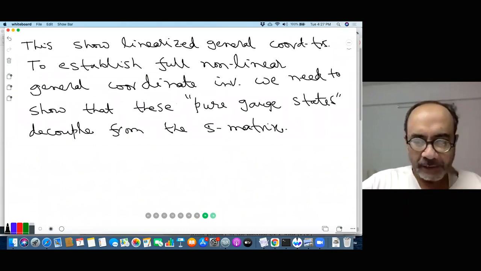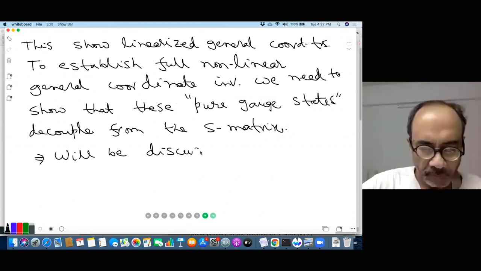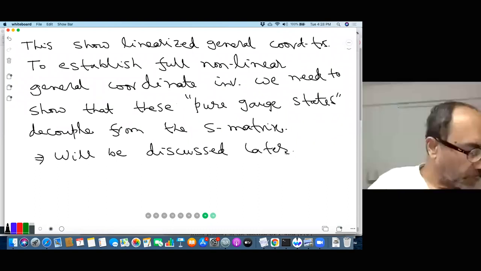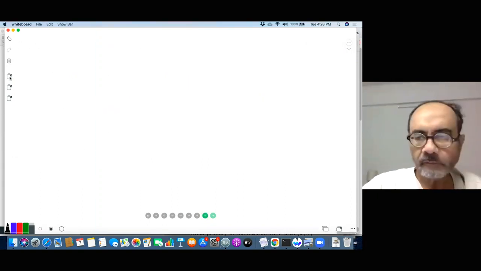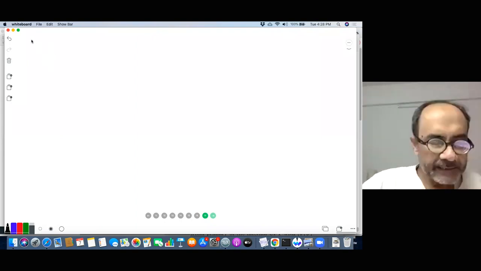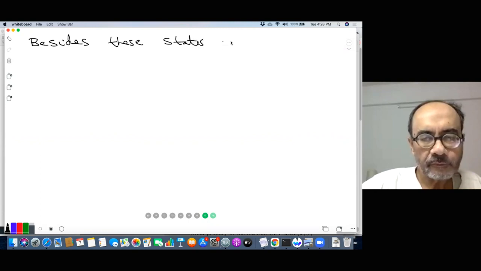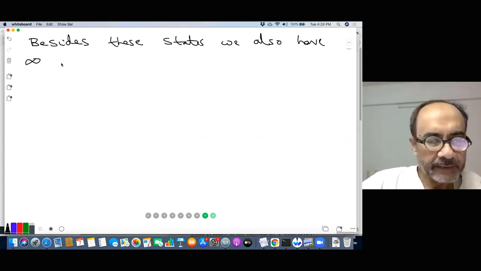This of course requires that you first define what the string S matrix is, and these will be discussed eventually, how we actually prove this decoupling. But let me just say at this stage that besides these states, we also have an infinite tower of massive states.